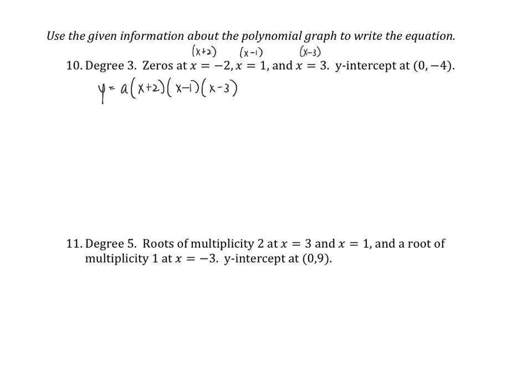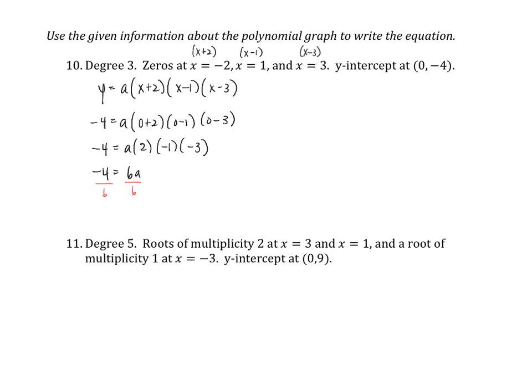And then we're going to use the y-intercept to plug in the y and the x value. So we're going to have y is negative 4 equals a times x is 0. And then I'm going to simplify. So negative 4 equals a times 2 times negative 1 times negative 3. When I multiply all that out, I get positive 6, right? So 6a.